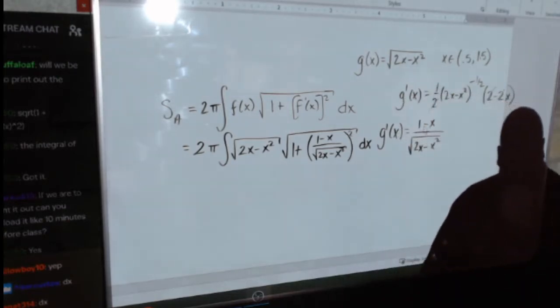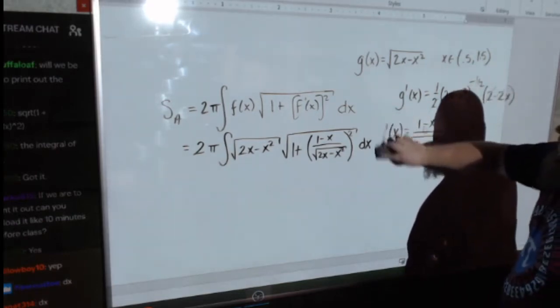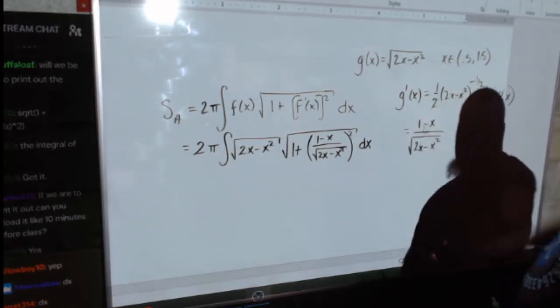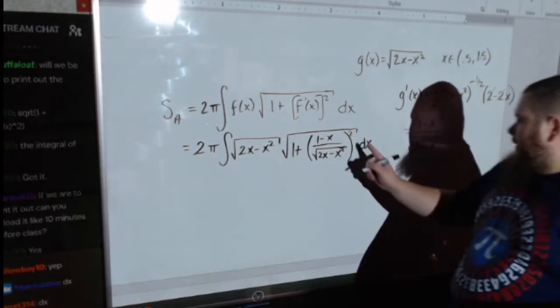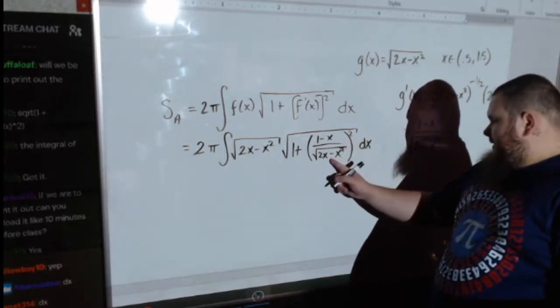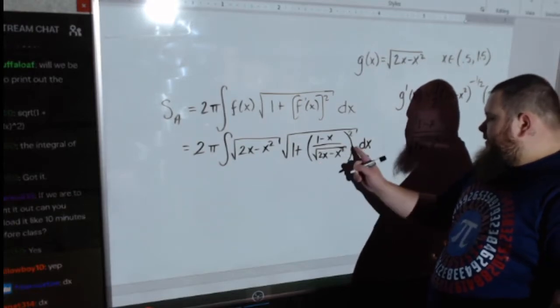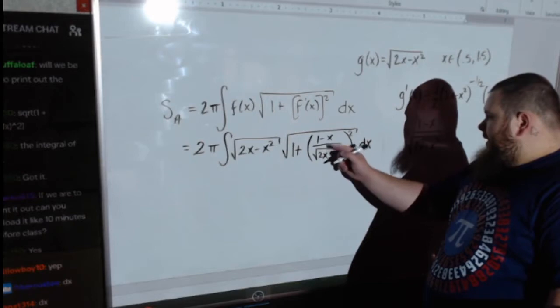So let me go ahead and just erase this because it's kind of in the way. And now if I square this, the radical on the bottom is going to be removed. We're going to get 2x minus x squared.